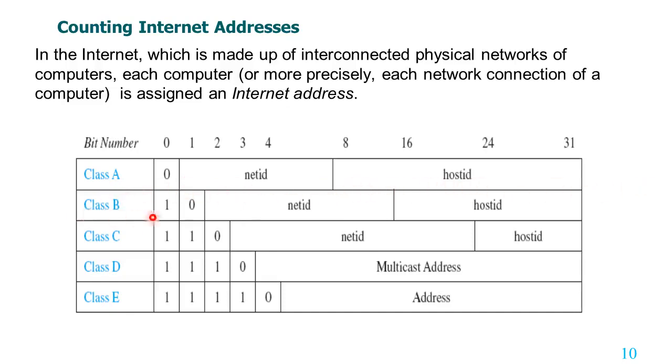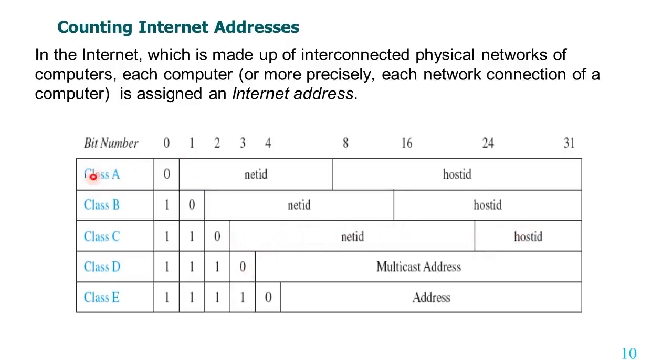Similarly, class B address consists of first 2 bits 1 and 0, the next 14 bits are network ID and the last bits are host ID, and so on. Class C has first 3 bits 110, the last 8 bits are host ID and the rest is network ID.